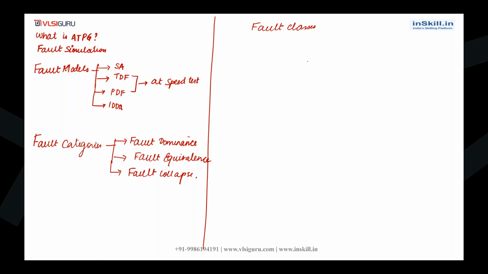Fault classes: faults are broadly classified into two, one is testable and the other one is untestable. Under the untestable, you have some subclasses like unused, tied, blocked, redundant.